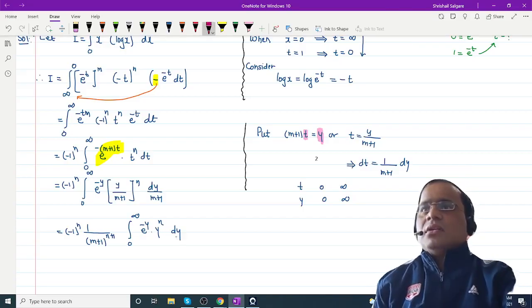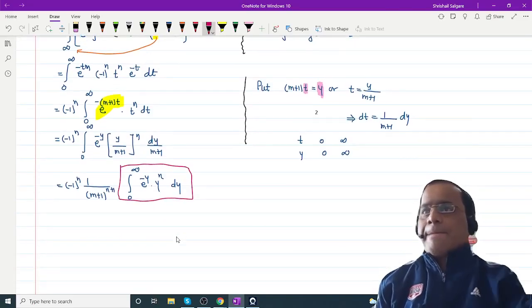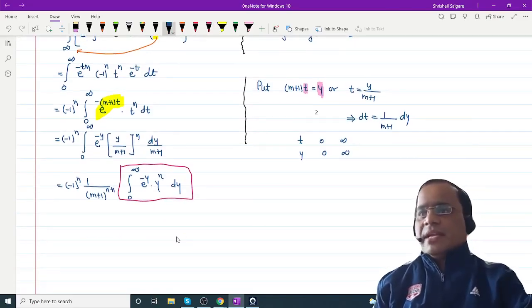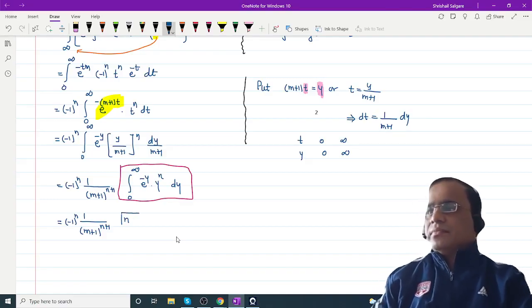So what does this integral define? Yes, anyone? The remaining term I will write as it is, that is minus 1 raised to n into 1 upon m plus 1 raised to n plus 1. It is gamma of... Is it right? Shivani Patil?